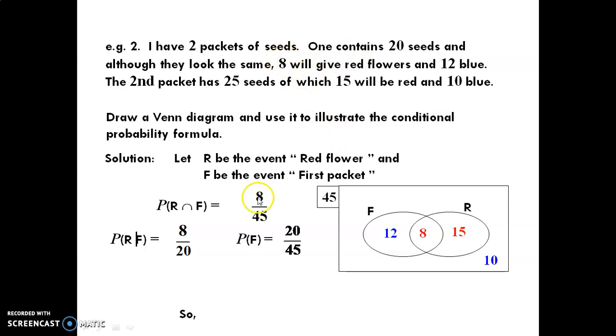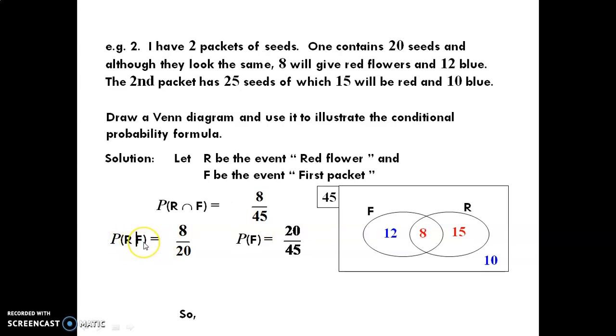So 8 divided by the total seeds, which is 45. So 8 upon 45 is the probability over the 2 packets collectively. Out of 45 seeds from first and second, the probability of red flowers from the first packet is 8 upon 45.